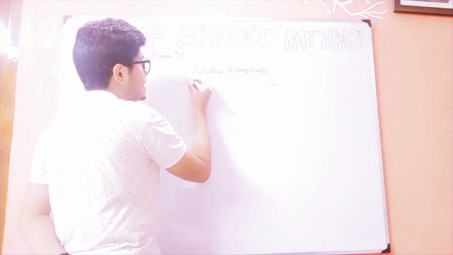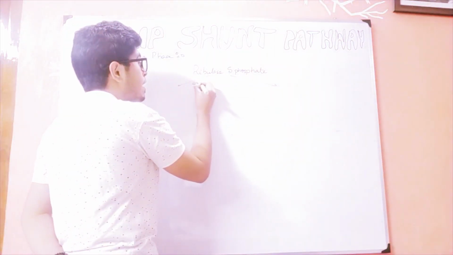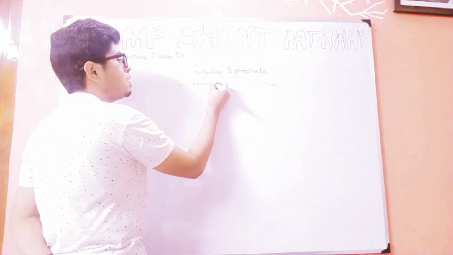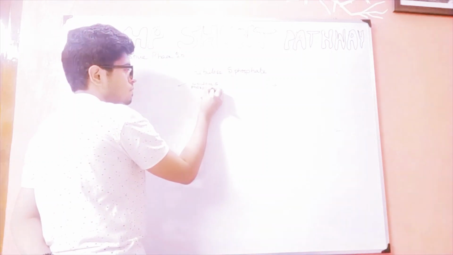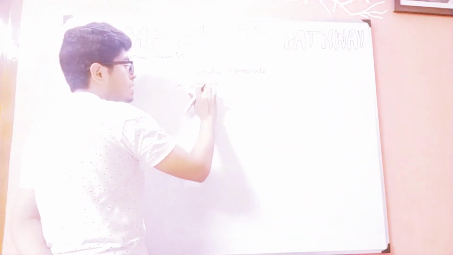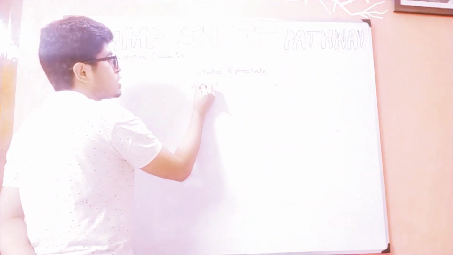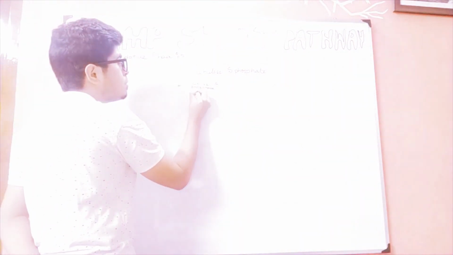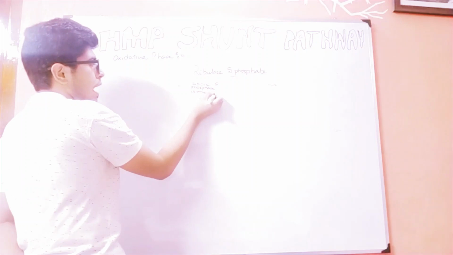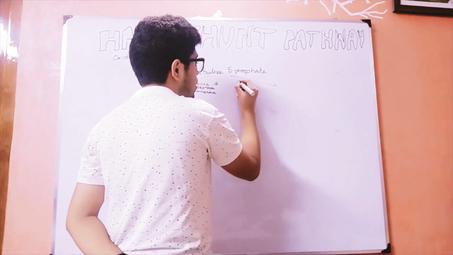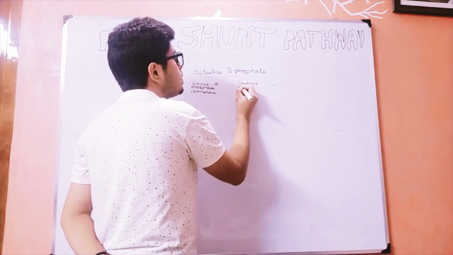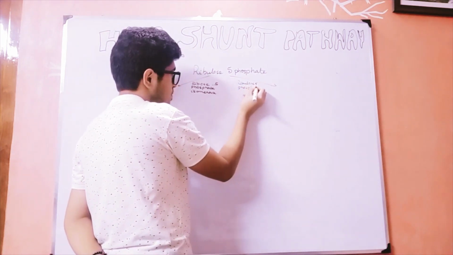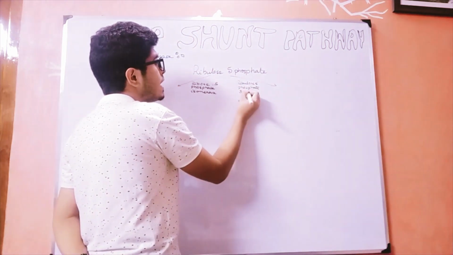On one side it is acted upon by ribose 5-phosphate isomerase, and on the other side it is acted upon by ribulose 5-phosphate 3-epimerase.